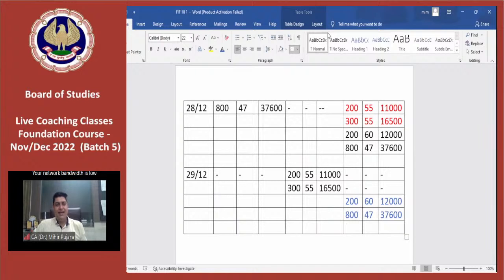Like this, Ritika, Rahul, you have to do like this only. Okay. The same format, what you can see on screen.